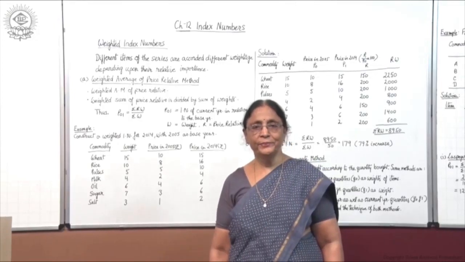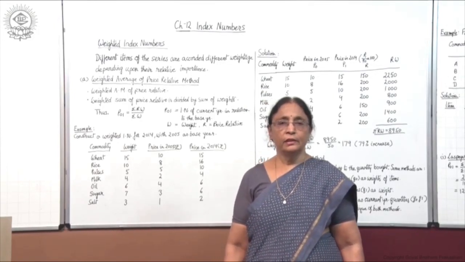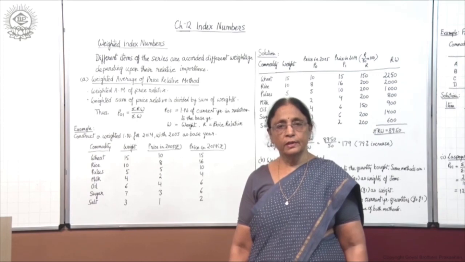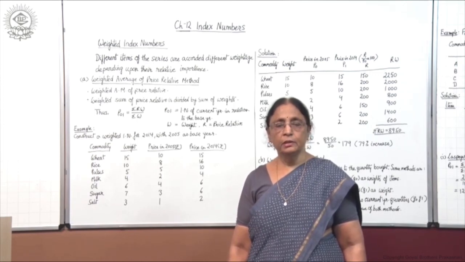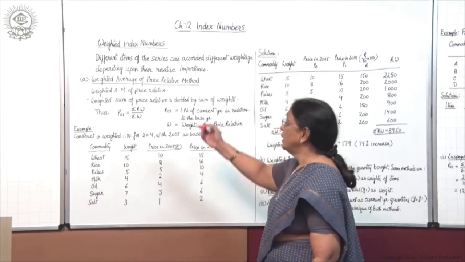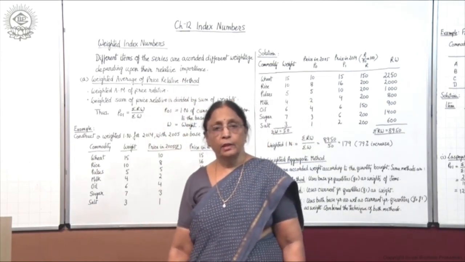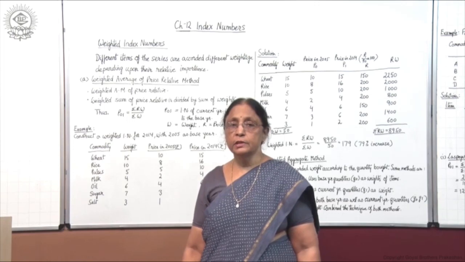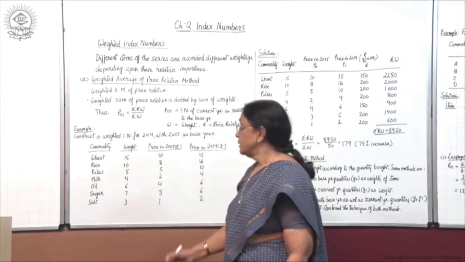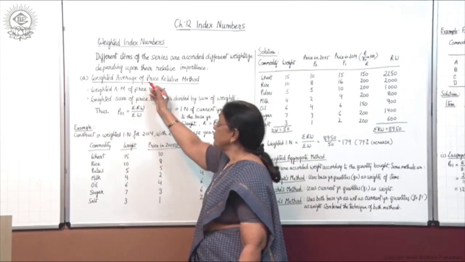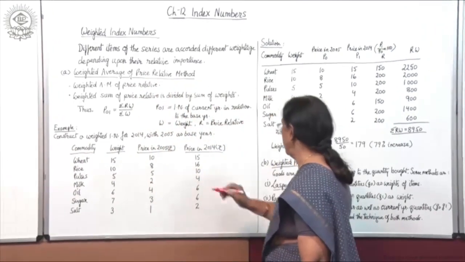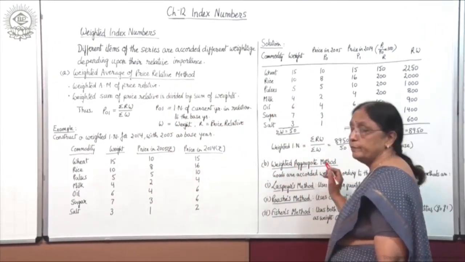Good morning, children. After learning the concept of simple index number, we move to the next one, that is weighted index numbers. Right? Weighted index numbers are of two types, that is weighted average of price relative method and second is weighted aggregate method.